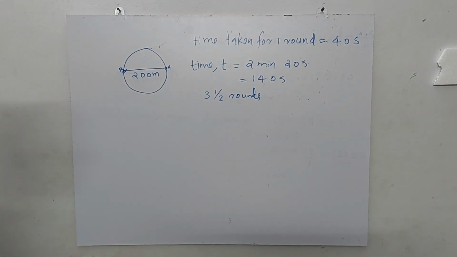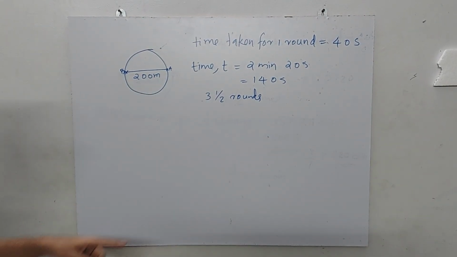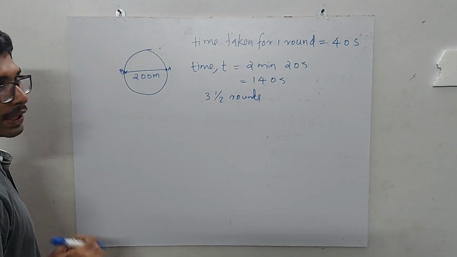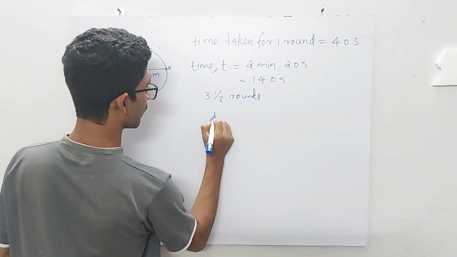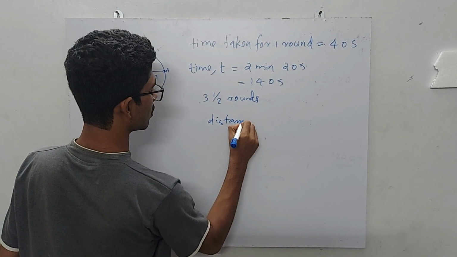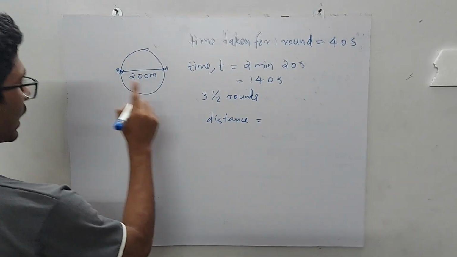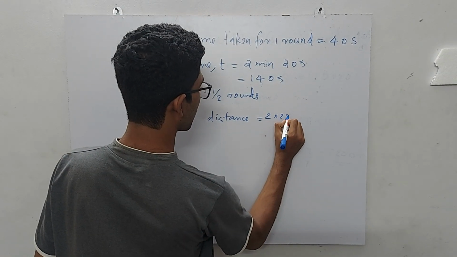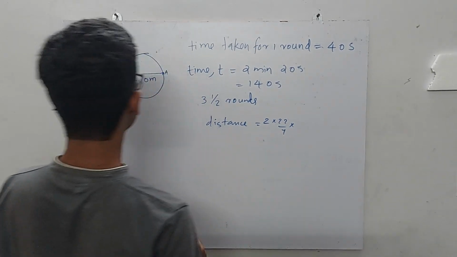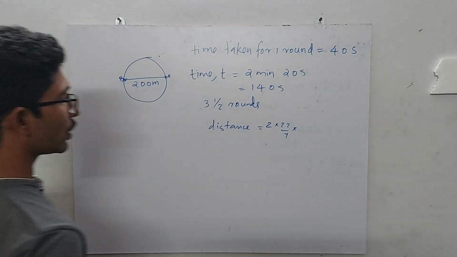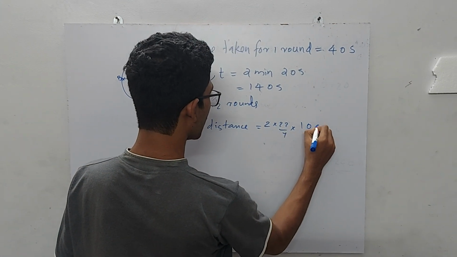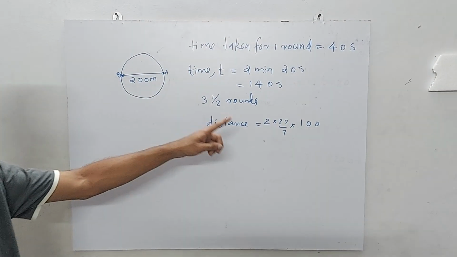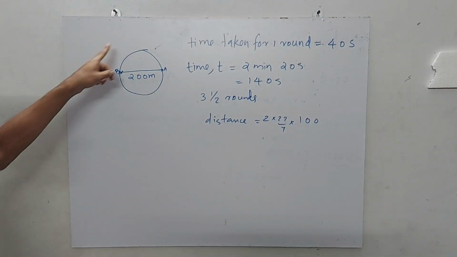Now to calculate the distance covered, we know that one round corresponds to 2 pi r, isn't it? So 2 into pi, which is 22 by 7, and what is the radius of the track? The radius of the track is given to be 100 meters, 200 by 2. So that's the distance that the athlete covers when he completes one round.